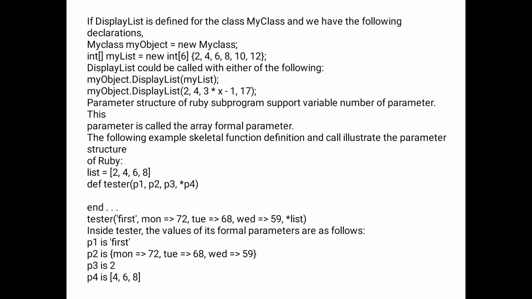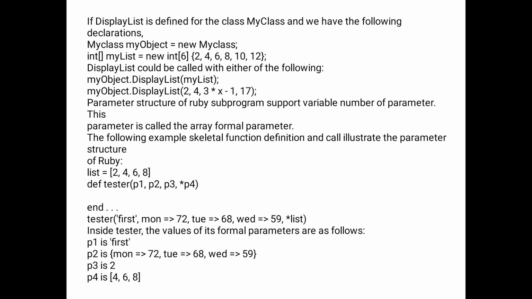If display list is defined for the class MyClass and we have the following declarations: MyClass myObject equal to new MyClass; myList equal to new list of values, new int of 6. Display list could be called with either of the following: myObject dot displayList of myList, or myObject dot displayList of 2, 4, 3 times x minus 1, 17.